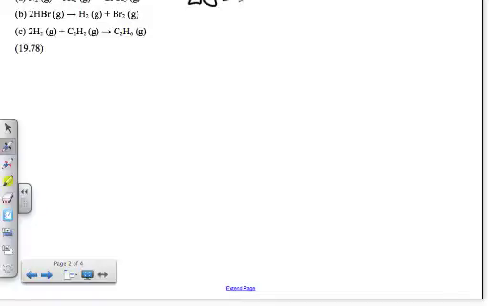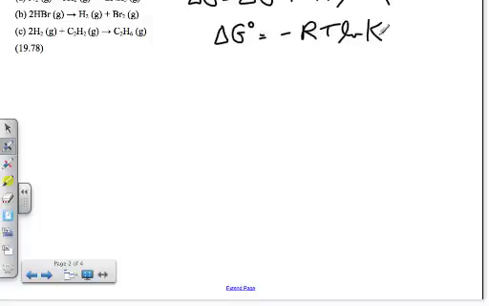Delta G equals, so if I have a situation where I am not at equilibrium, as in this case, we are doing a Le Chatelier's principle kind of thing, and so we'd be looking at a Q. There's another equation for delta G, and that is delta G naught, which is standard conditions, equals minus RT ln of K. You can use this to get delta G's from K's and back and forth and so on.